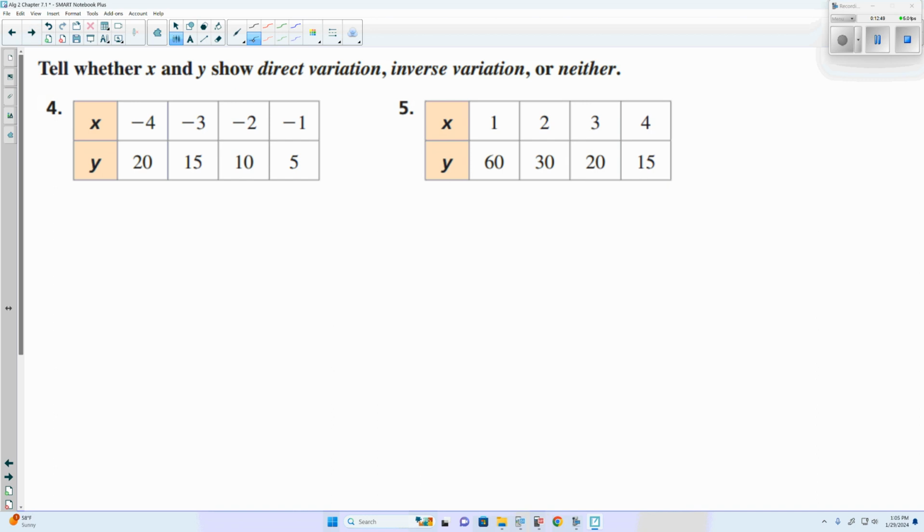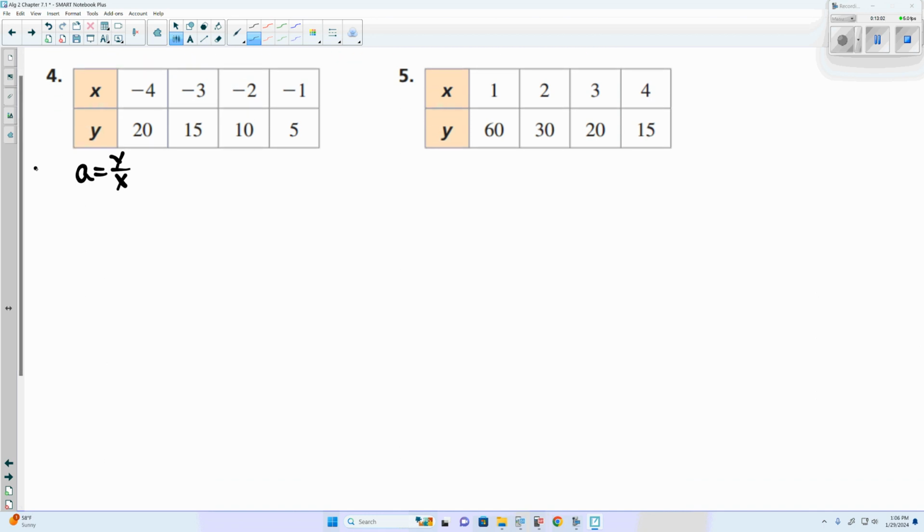Let's look at number 4. Do we want to try direct or inverse first? Let's go direct. 20 over negative 4 is negative 5. 15 over negative 3 is negative 5. 10 over negative 2 is negative 5.